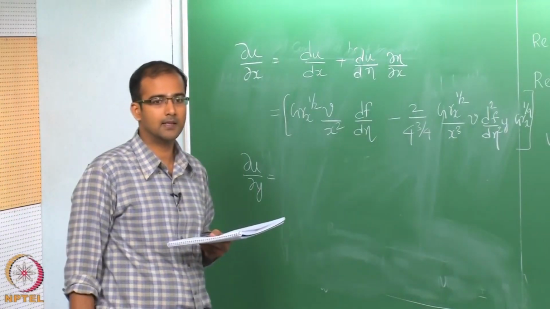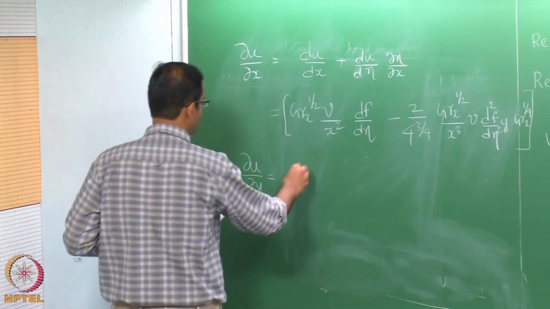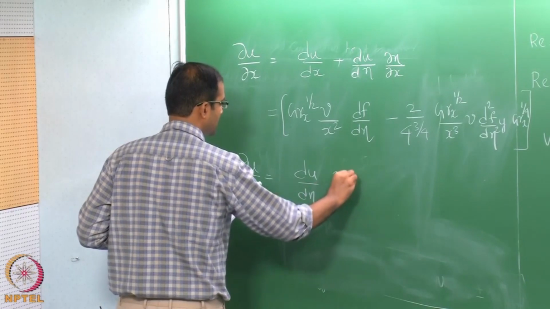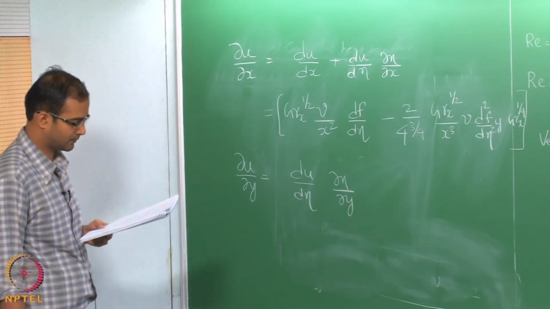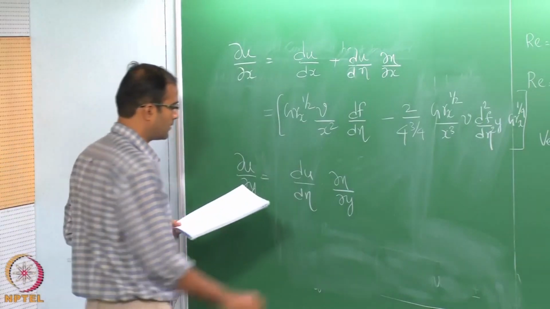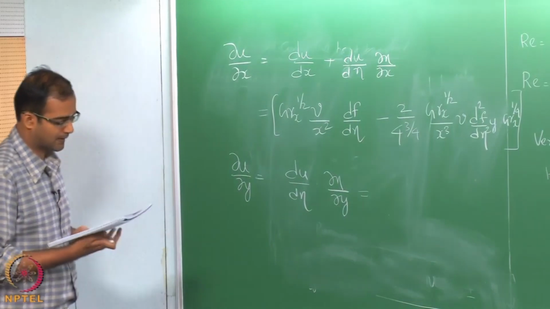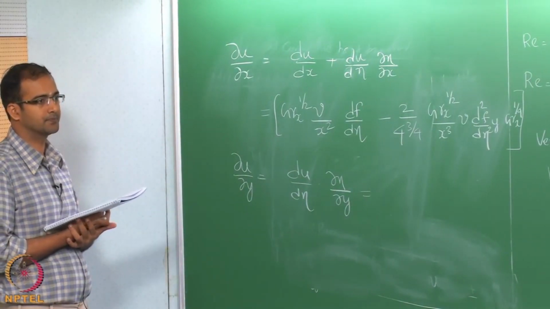We do not have any other term of y sticking there. So, therefore, we can write this as du by d eta into d eta by dy. So, now you should be able to tell me in terms of Grashof number what this is. This is much simpler term.